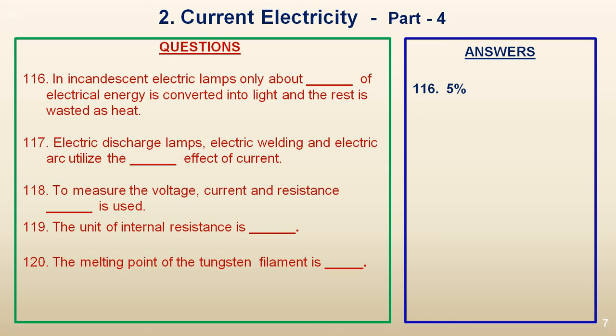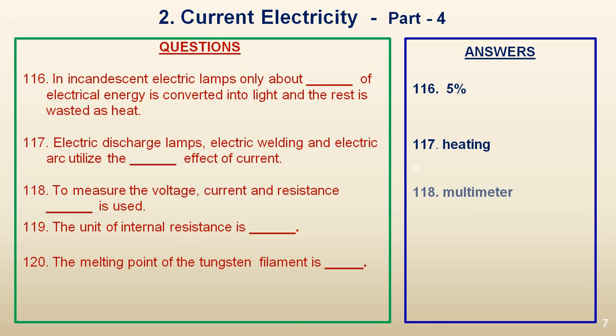Electric discharge lamps, electric welding and electric arc utilize the heating effect of electric current. Question number 118. To measure the voltage, current and resistance, dash instrument is used. And the instrument used to measure the voltage, the current and the resistance is multimeter.